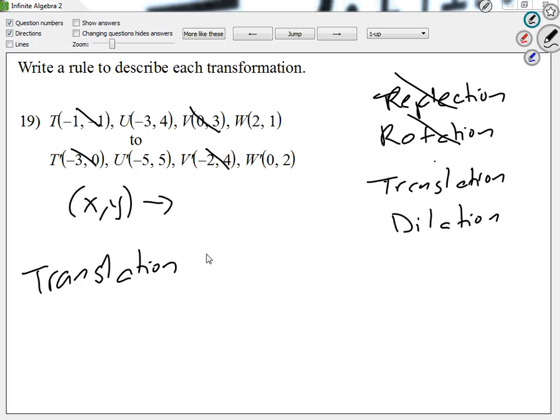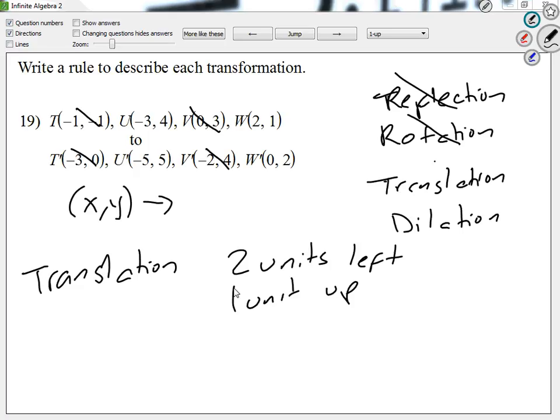X minus 2, so that means 2 units left. We're subtracting 2 from the x's, so that means 2 units left. What are we doing to the y? Adding 1, so that means 1 unit up. And then we take a quick glance. Yeah, we're subtracting 2 from every x, and we're adding 1 to each y.